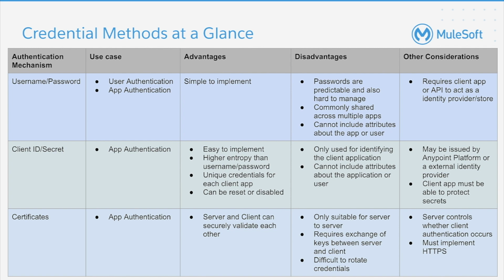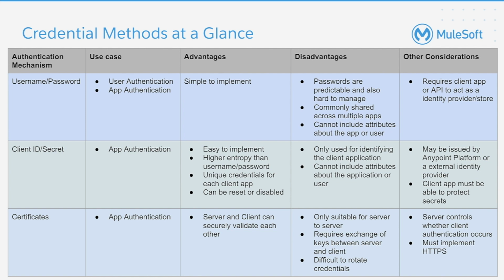Client ID and secret is most commonly used for app-to-app authentication or app-to-API authentication because it's very easy to implement, being that it is completely managed by the endpoint platform. It can only be used for app authentication, but it is a bit better than username and password because there's a higher entropy, given that the client IDs and secrets are randomly generated. There's a unique credential for each client application, and it can be reset or disabled temporarily.